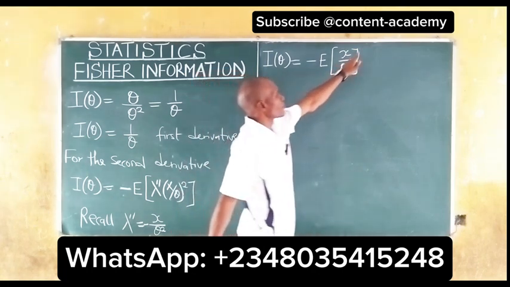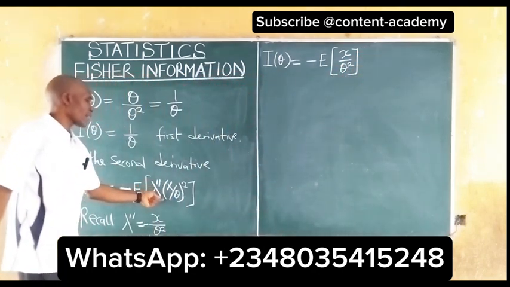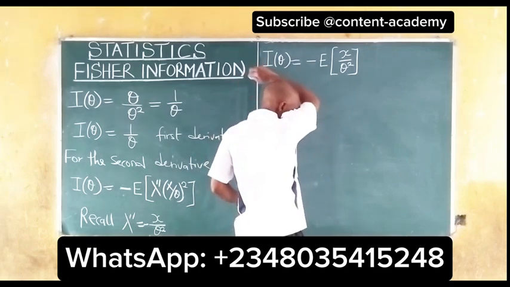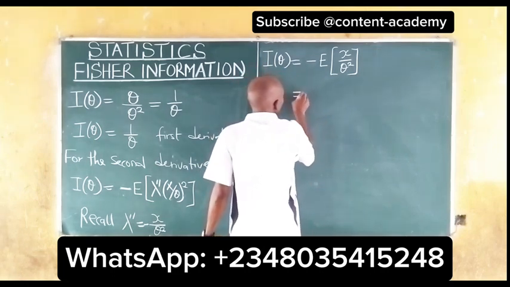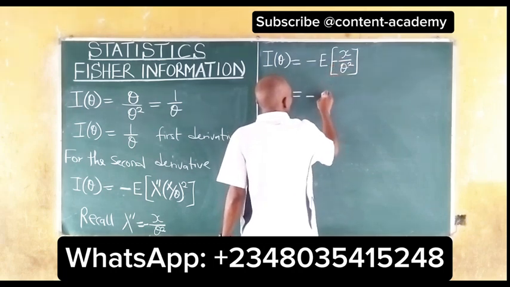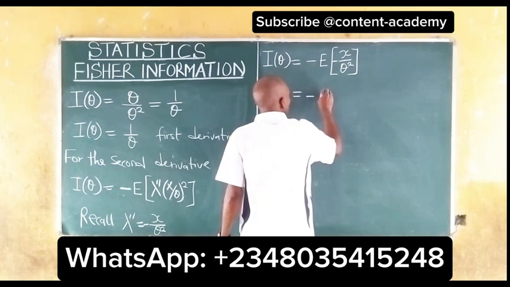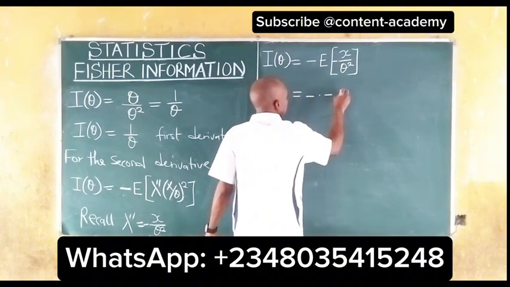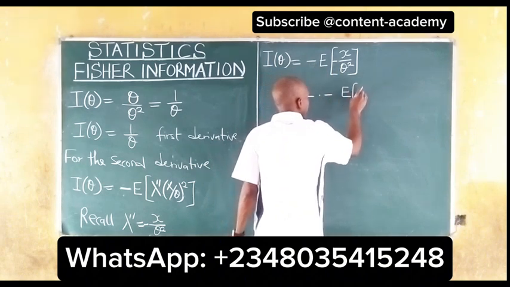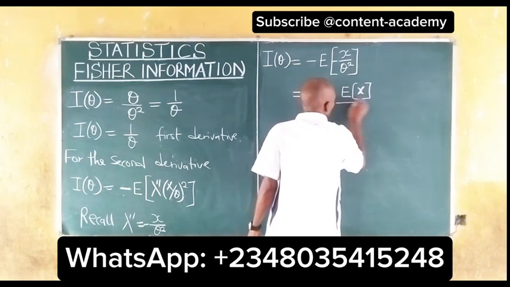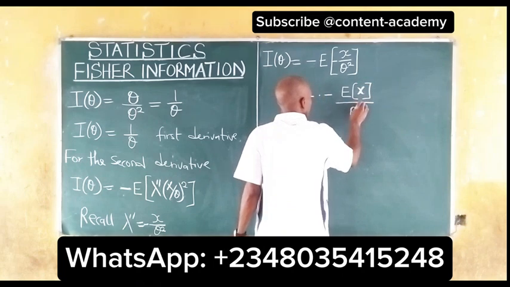Now, we are not putting this square here because we've already done that. So we'll simply get this to be negative, multiplied by this negative sign, move over here, we'll have negative expectation of x all over theta squared.